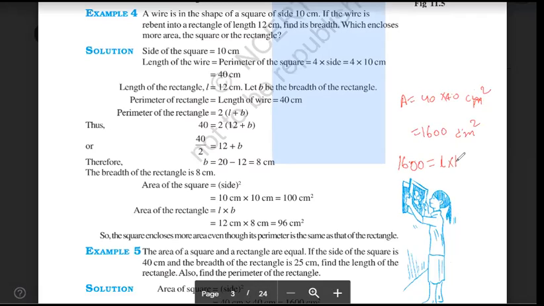Agree? Tell me, yes or no? First try to find breadth. Now what is breadth? So can I say that breadth is equal to 1600 by length, which is 25?